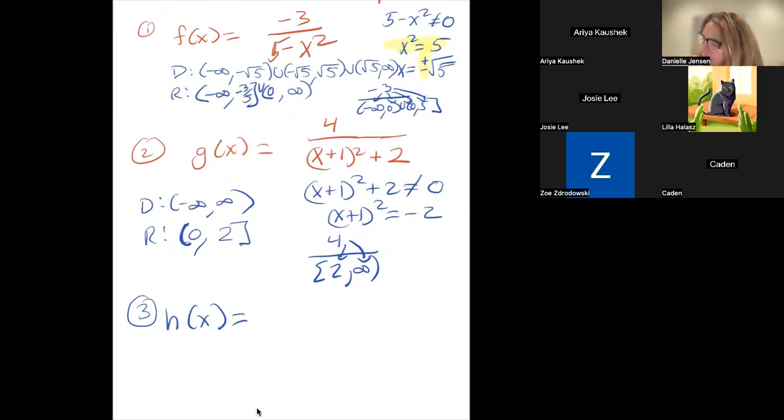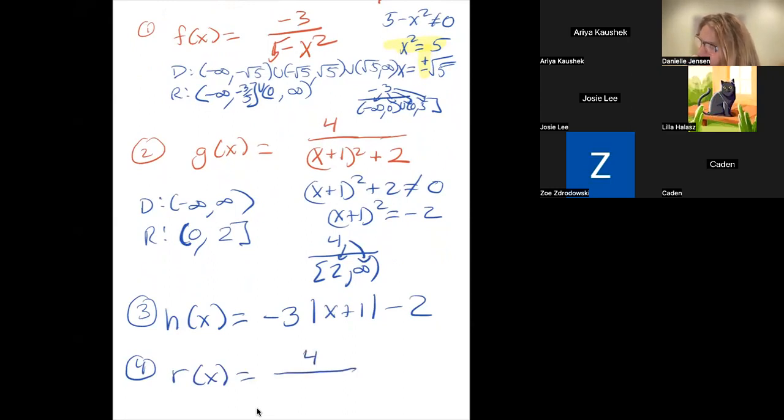Let's do -3 times the absolute value of x plus 1, minus 2. Or let's do, say, r of x equals something like that.